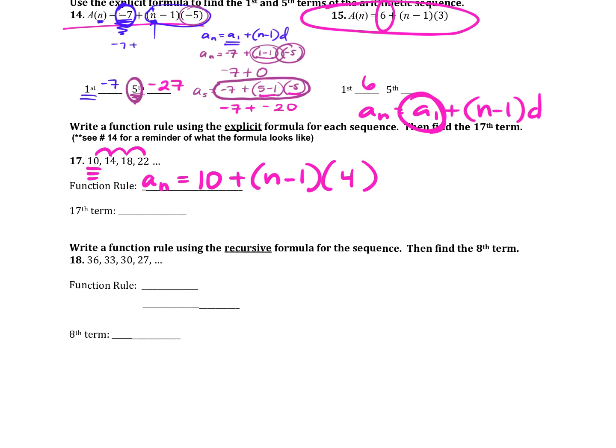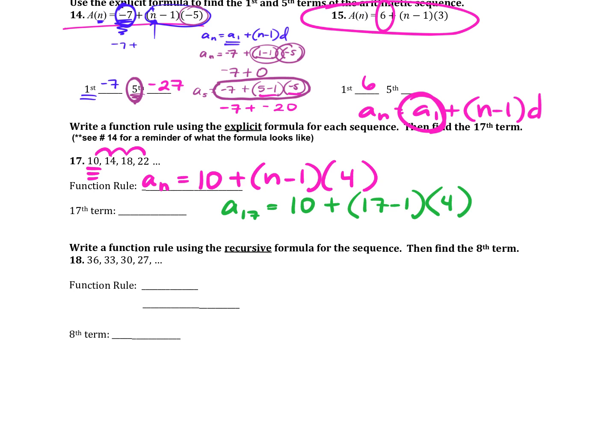If they ask you for the 17th term, what do you do? Then you plug in 17 for n. A sub 17 equals 10 plus 17 minus 1 times 4. And again, plug it into your calculator. Try it again here, Sophia. 10 plus parentheses 17 minus 1, end your parentheses, and then times 4.